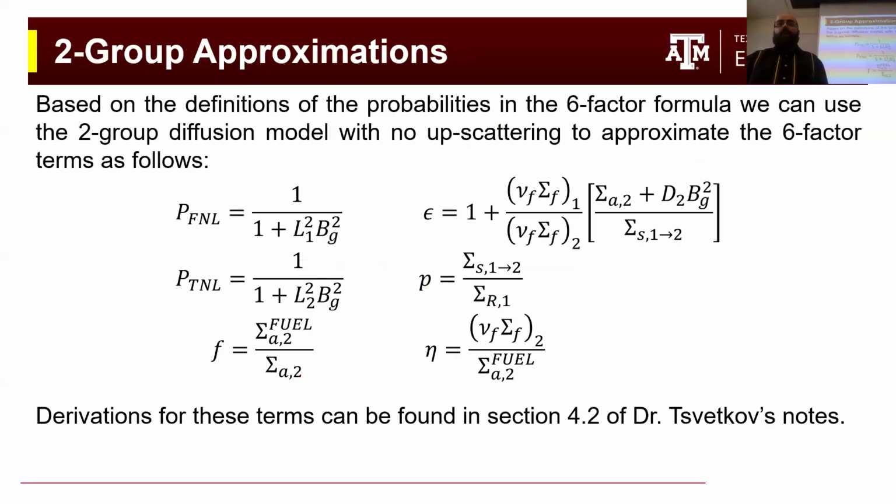All right. So we had already done the multi-group diffusion model. We had the question on our exam, and the homework question deriving K effective and the group fluxes for the two group model. You can also use that same two group model to come up with approximations for all of these probabilities.